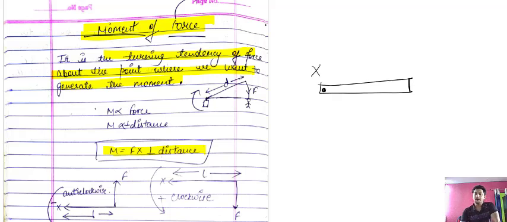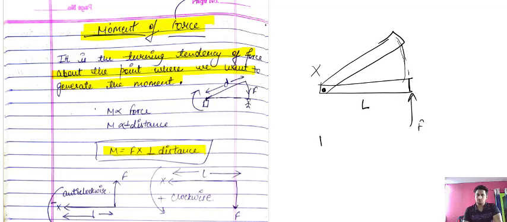Now when I apply the force from here, it will try to move in this direction, but as it is hinged from here, it will rotate like this. This moment which we are producing at x depends upon this length and the magnitude of force. So the moment of that force is given by force into perpendicular distance.